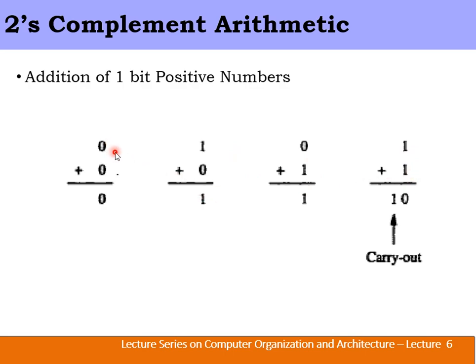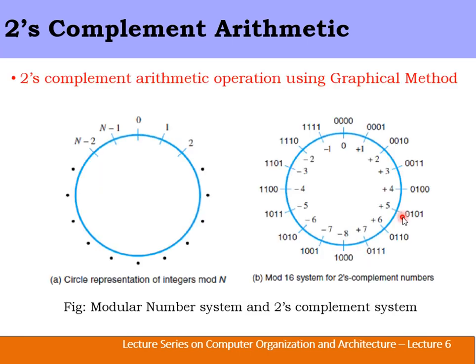In order to perform addition, 0 plus 0 gives the result 0, 1 plus 0 gives 1, and 0 plus 1 is 1, whereas 1 plus 1 produces the result 2, which in the binary system is represented as 1 0, where 0 is the sum and 1 is the carry. So this is addition of 1 bit positive number.